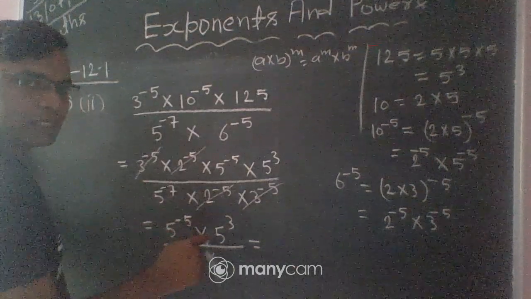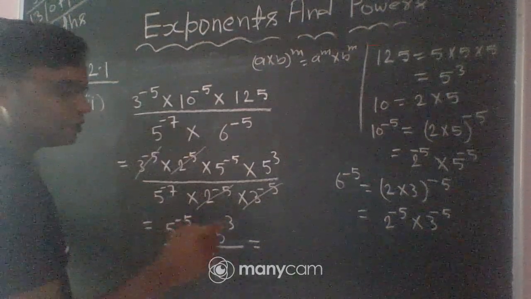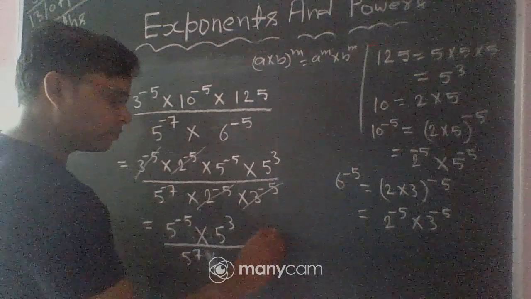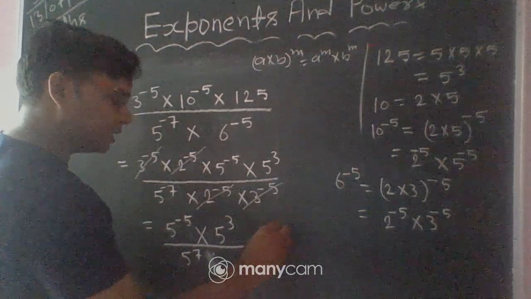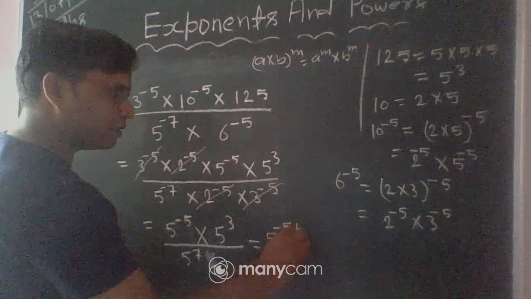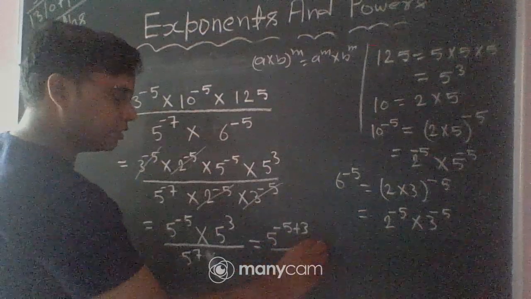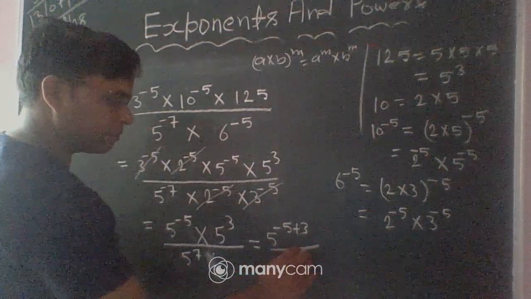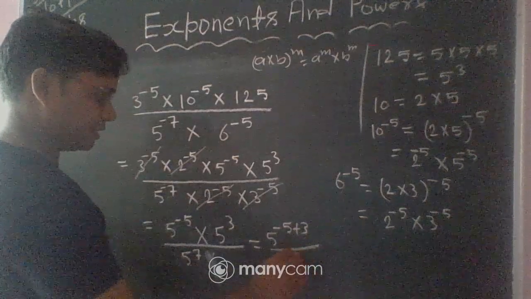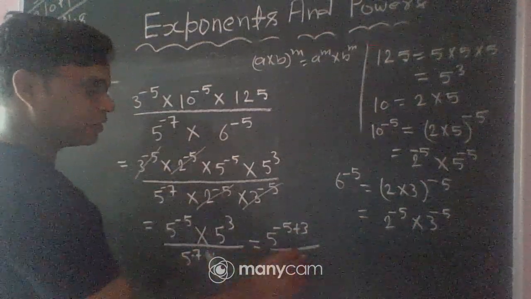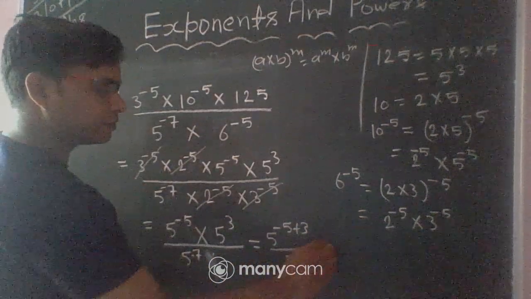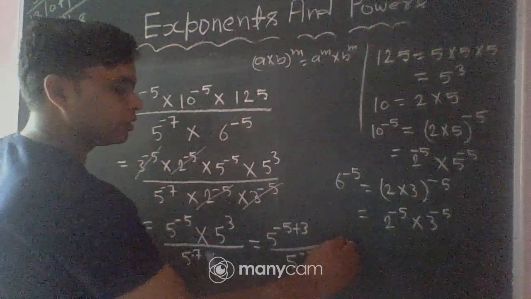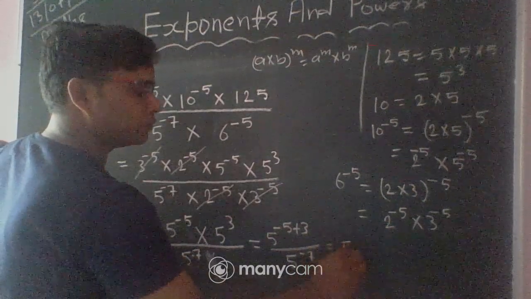In the case of multiplication, the powers will add. It becomes 5 power minus 5 plus 3, divided by 5 power minus 7. Okay, so this is equal to minus 7. So we obtain here 5 power minus 2.